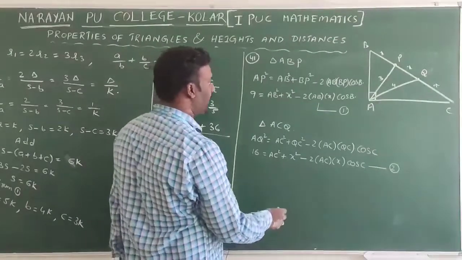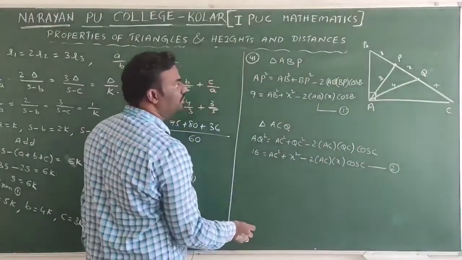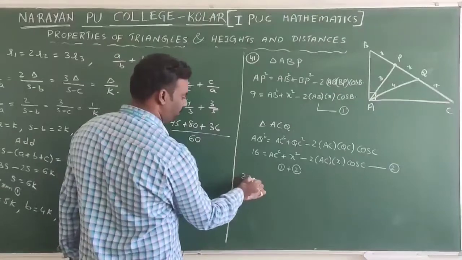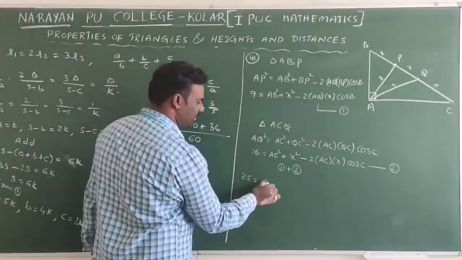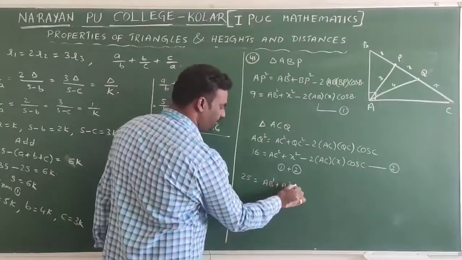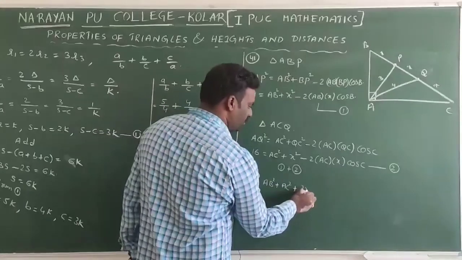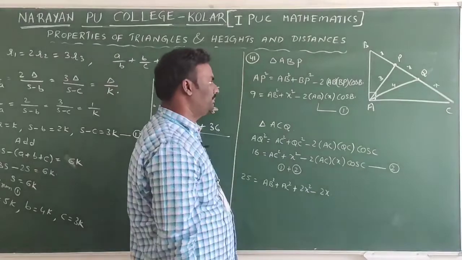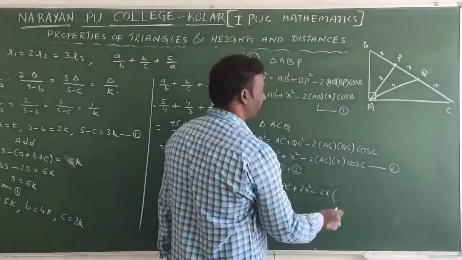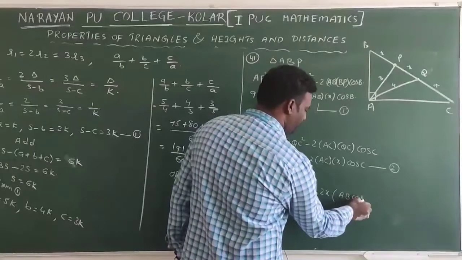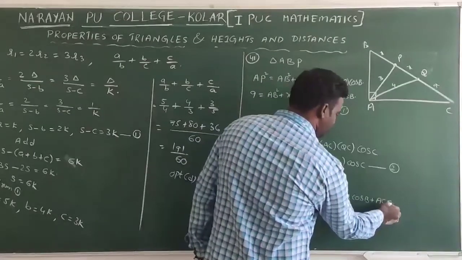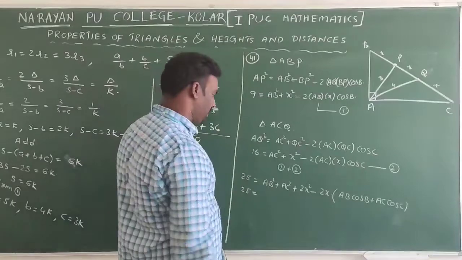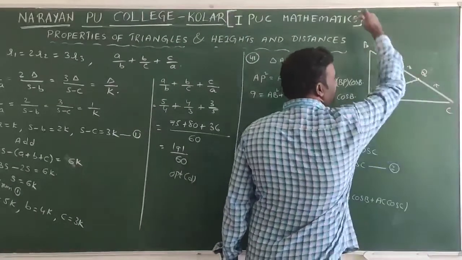If you add these two, 25 is equal to AB square plus AC square plus 2x square minus 2x times (AB cos B plus AC cos C). Now, according to Pythagoras theorem, AB square plus AC square is nothing but the square of the hypotenuse.